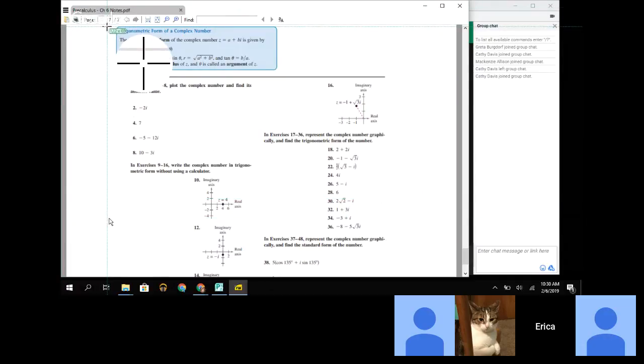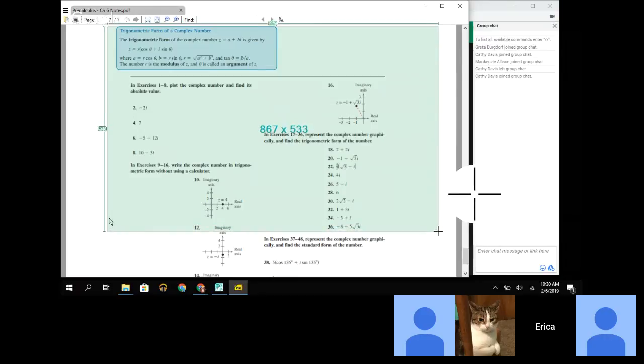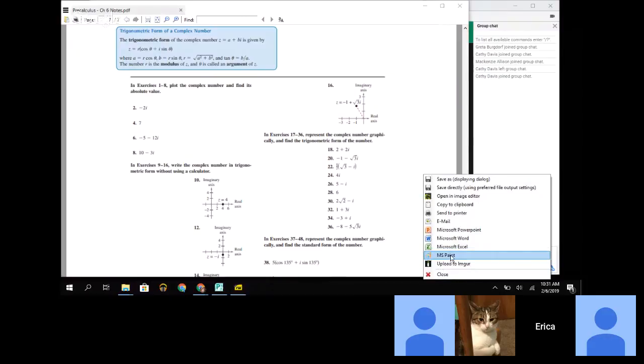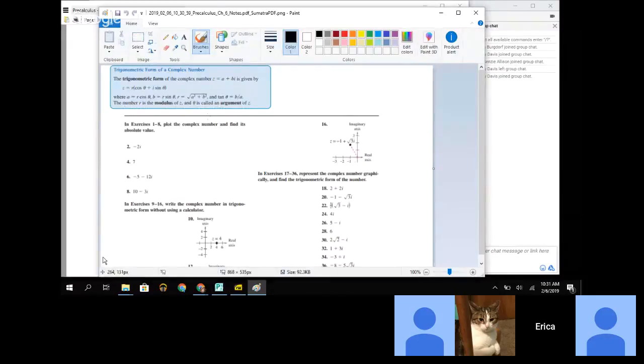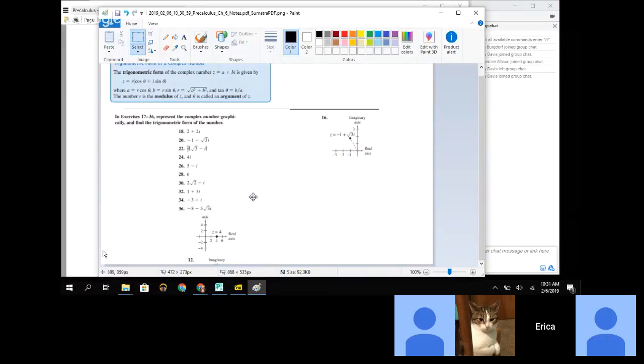So in 17 through 36, represent the complex number graphically and then find the trig form of the number. Same thing, they just don't give you the graph. They just kind of skip right to the good stuff, right? Let's move that up here. Let's get rid of that.